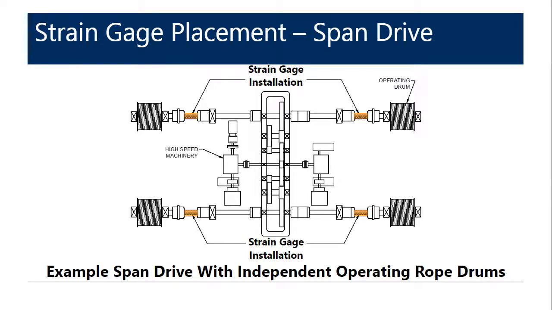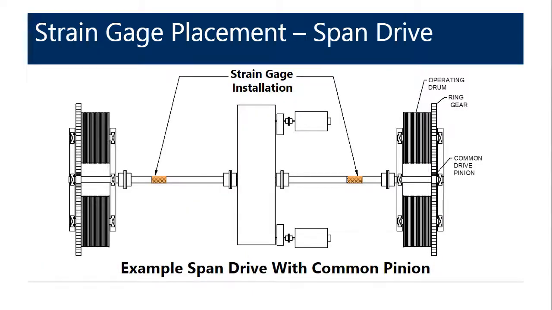As opposed to this span drive machinery shown here that has a common drive pinion for a pair of operating rope drums. The strain gauges are installed in the cross shaft that connects and drives that common pinion, but you can only record the data for one side of the lift span.